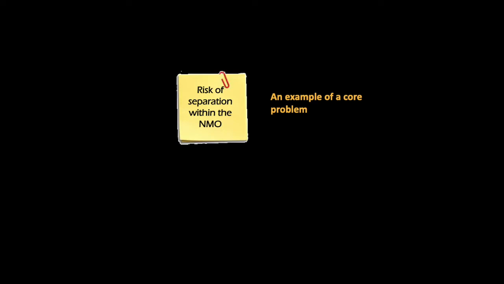The problem that we chose is risk of separation within the NMO, and this means there is a risk of separation within the NMO if all the bleeding disorders are not included on an equal standing. That means also von Willebrand and ultra rare and so on.